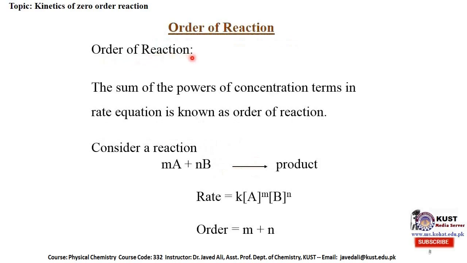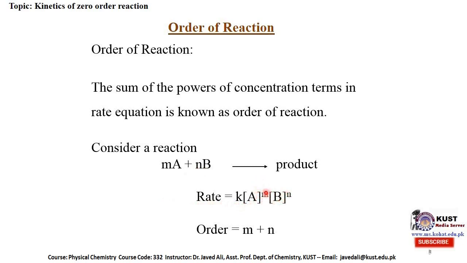Order of reaction. Now what is order of reaction? The sum of the powers of concentration terms in the rate equation is known as order of reaction. Consider a chemical reaction A plus B giving product, where A represents one reactant and B represents another reactant, while m is the number of moles of reactant A and n represents the number of moles of reactant B. So the rate law is rate is equal to K A power m B power n.